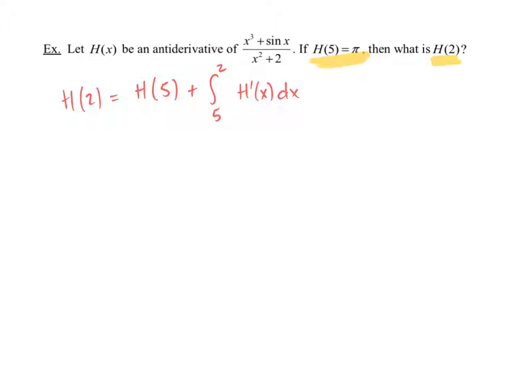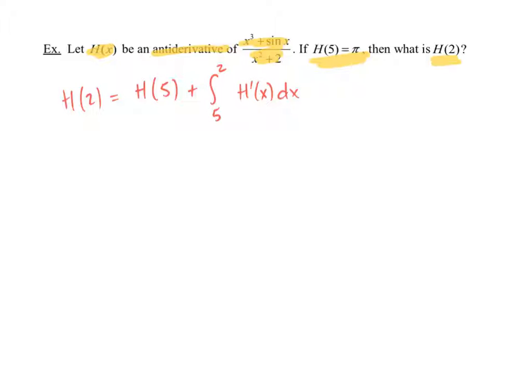I guess the question is, what is h prime of x? Well, if h of x is an antiderivative of this function right here, then that means the derivative of h is just the x cubed plus sine x over x squared plus 2.